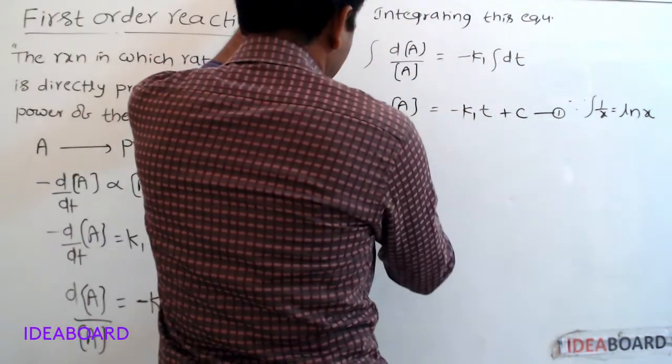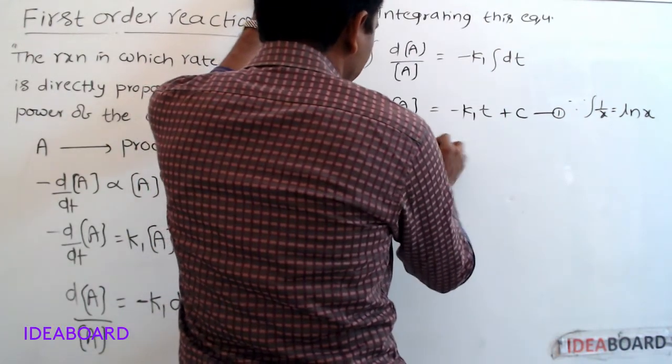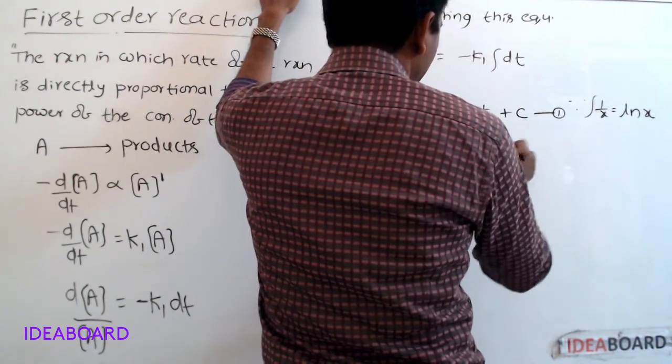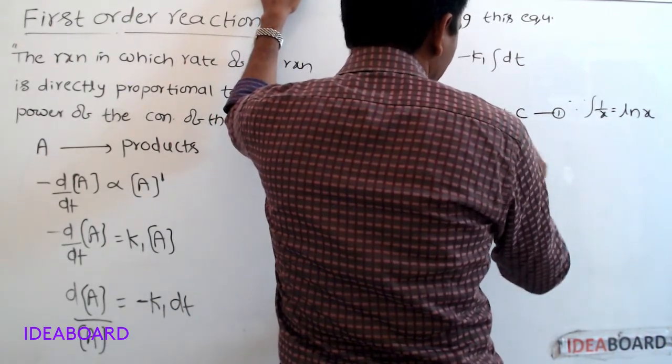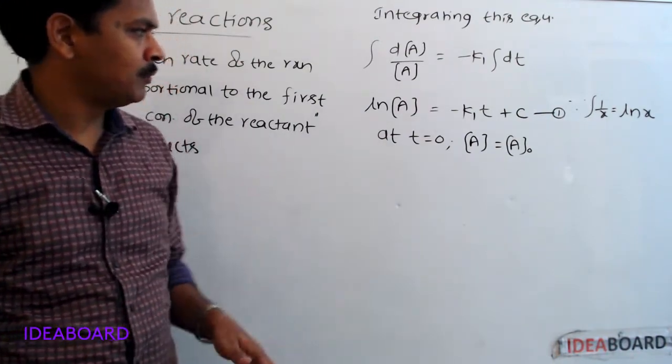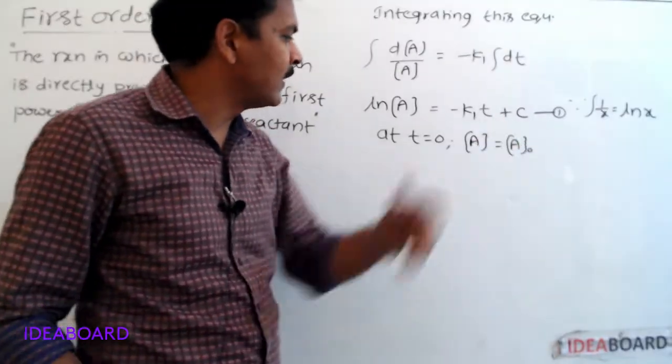Next, at time t is equal to 0, A concentration is equal to its initial concentration.